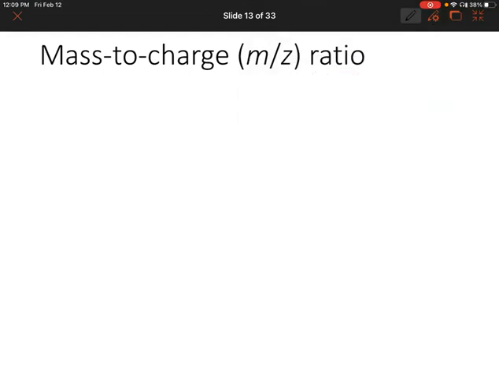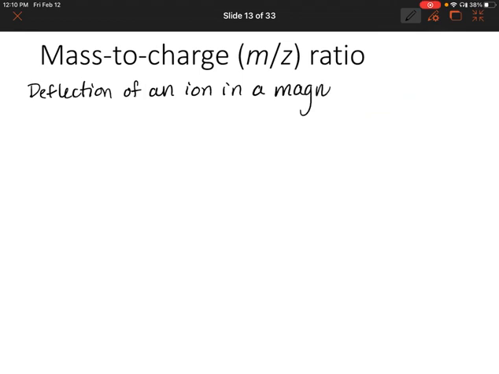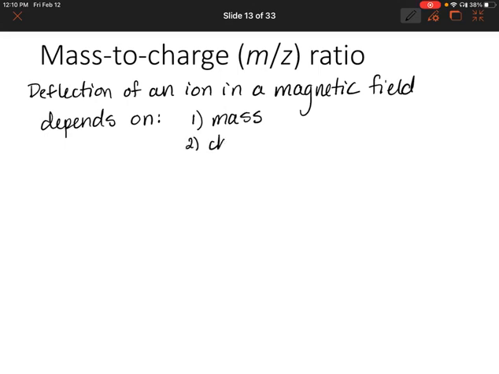All right, so deflection of an ion in a magnetic field depends on, oops, I can't write and talk at the same time apparently. One, the mass of the ion, two, the charge, and three, the strength of the magnetic field.